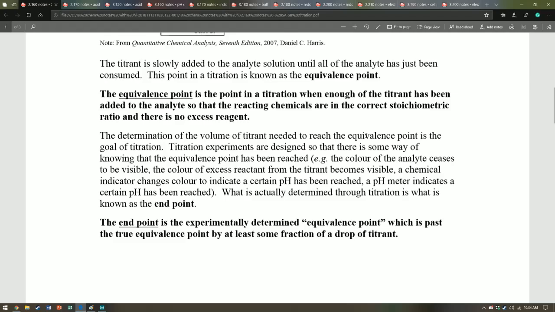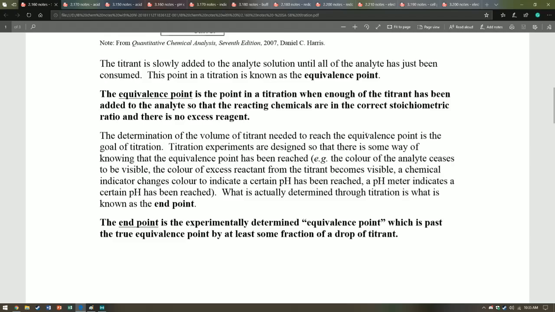A back titration is a common one, where you dissolve something in a solution that you know the concentration of, and you dissolve something that you don't know into it, and then you titrate a portion of that solution with the water. It's really simple at its core, but you can get very complicated very easily.